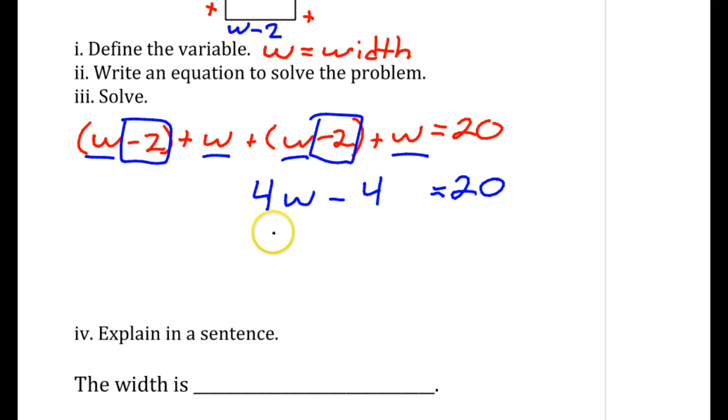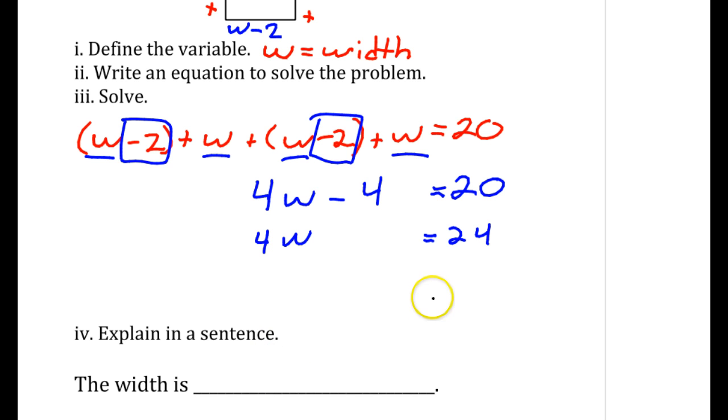Add 4 to both sides. Divide both sides by 4. W is 6. 6 what? Feet. Get those units in there.